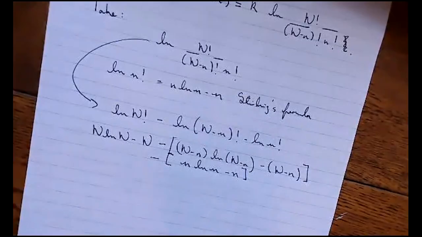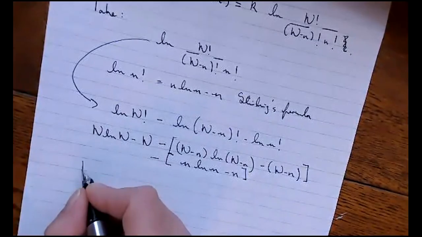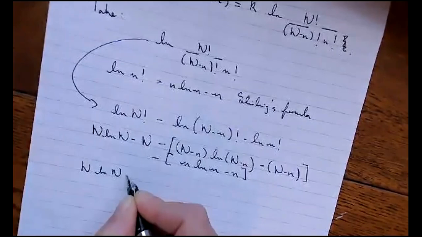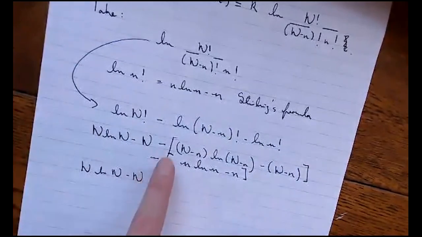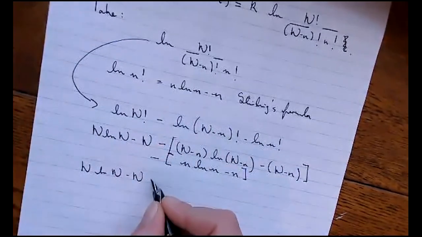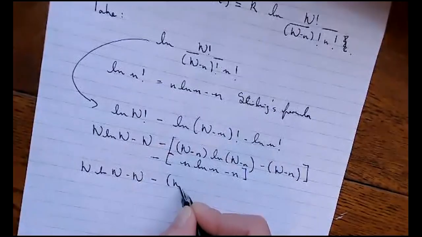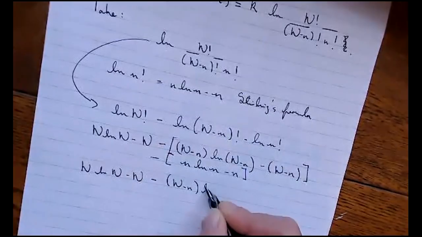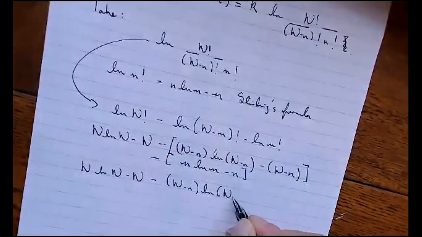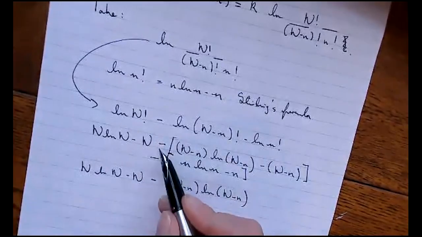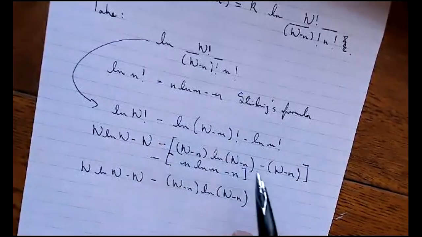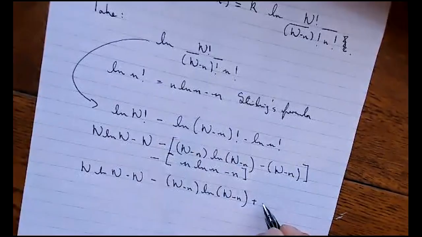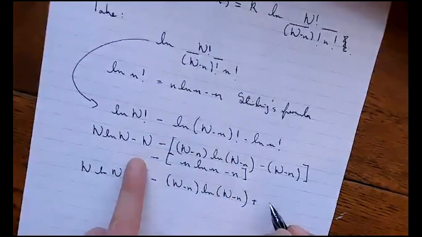Let's try and multiply out all of these minus signs. We've got big N minus little n, ln of big N minus little n, so that's going to be minus this, minus big N minus little n. So now this is minus, which is plus; that's minus, which is plus n.